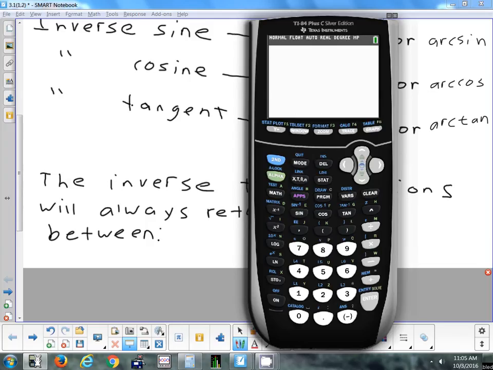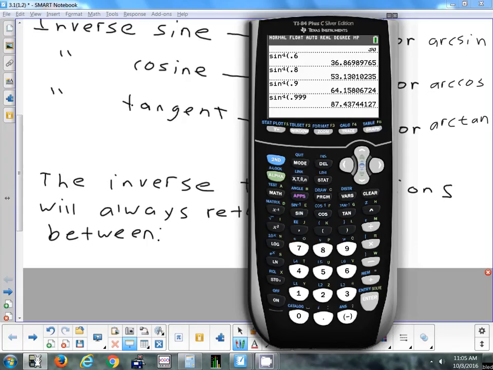Let's try inverse sine of 0.5. I get 30. Let's try inverse sine of 0.6. Let's do inverse sine of 0.8. Inverse sine of 0.9. Inverse sine of 0.999.